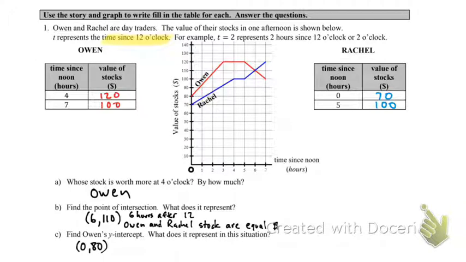What does it represent? 0 hours after 12 or noon, Owen's stock price is $80. Again, this is just some practice from Im3 stuff.